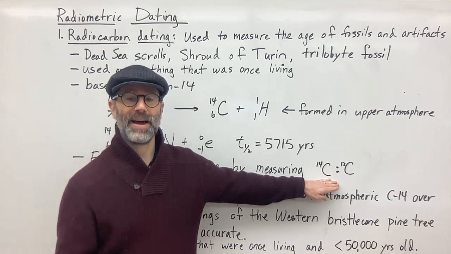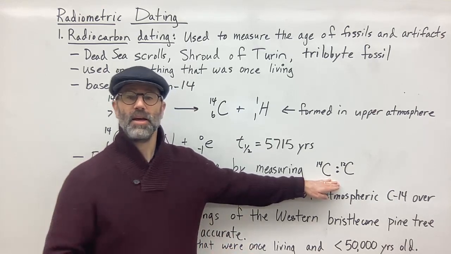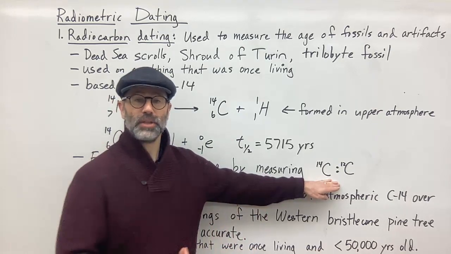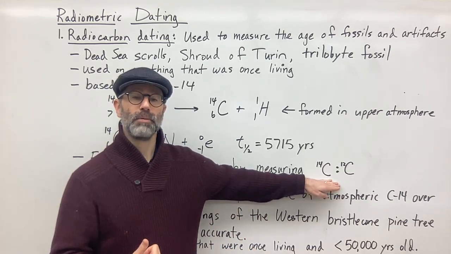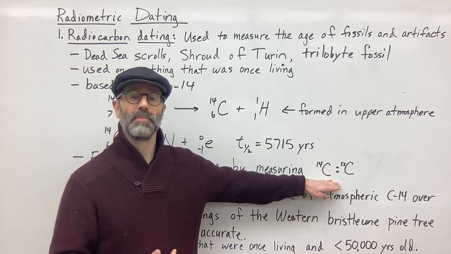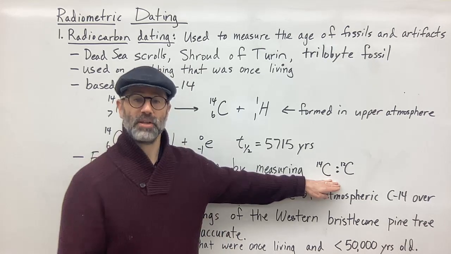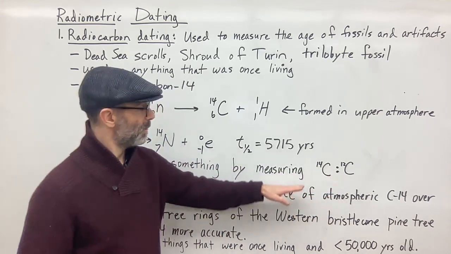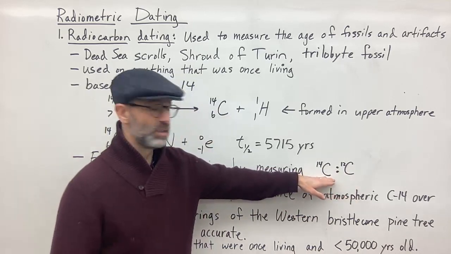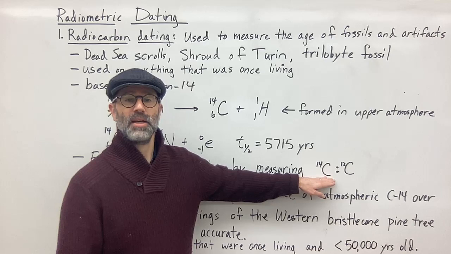But when I die, or the animal dies, or the plant is used to make other things, then it's no longer living and taking in the carbon 14. And so at that point, the carbon 14 is decaying from its present amount in the atmosphere. So that's why I can take this amount in the atmosphere and compare it to what I have in the artifact.